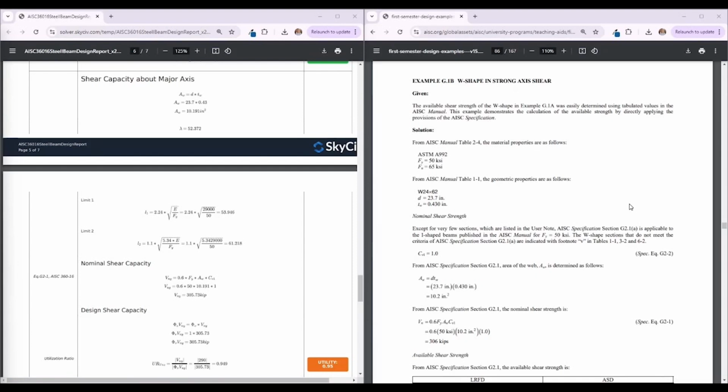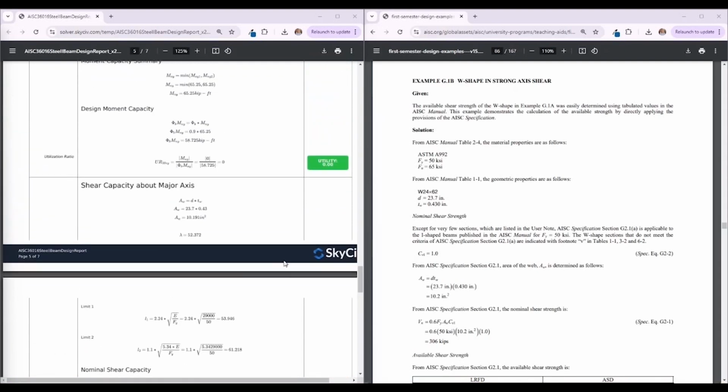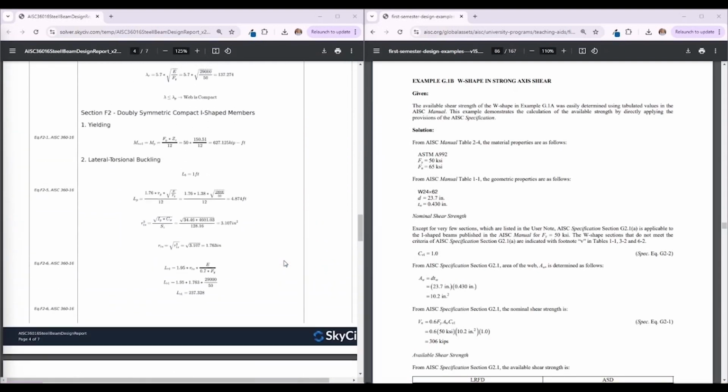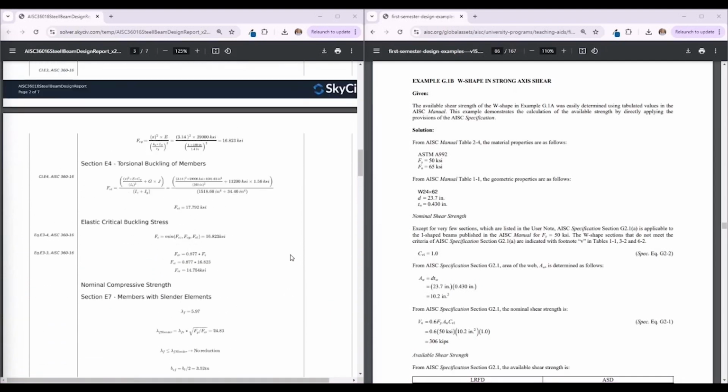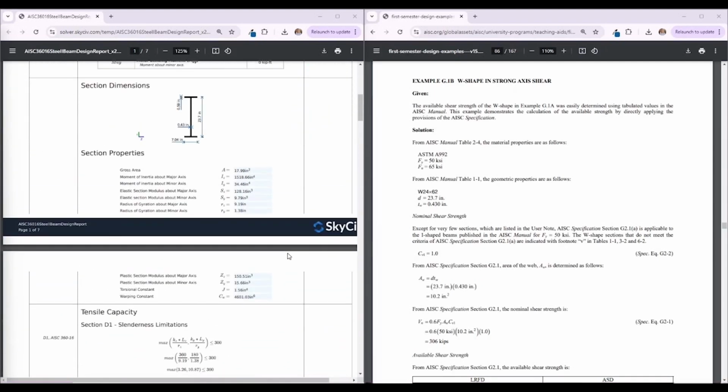Solution. From AISC manual table 2-4, the material properties are as follows: ASTM A992, Fy equals 50 ksi, Fu equals 65 ksi. From AISC manual table 1-1, the geometric properties are as follows: W24x62, d equals 23.7 inches, and the web thickness is 0.43 inches.